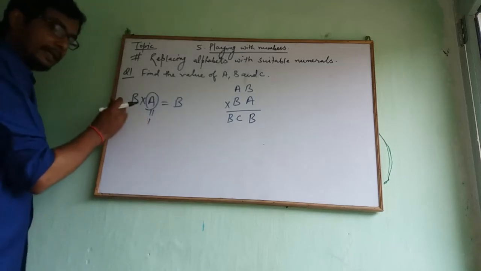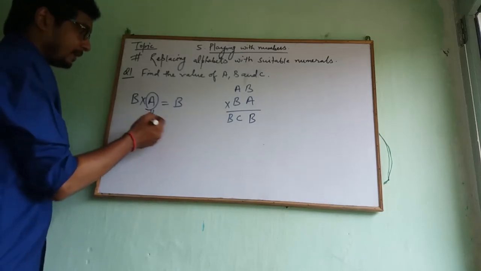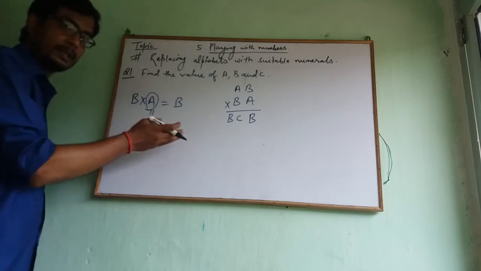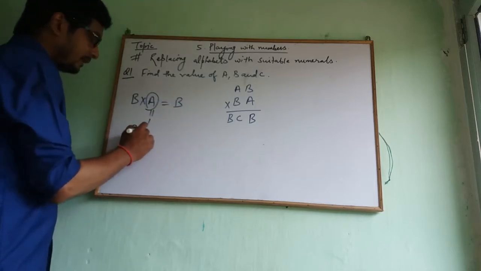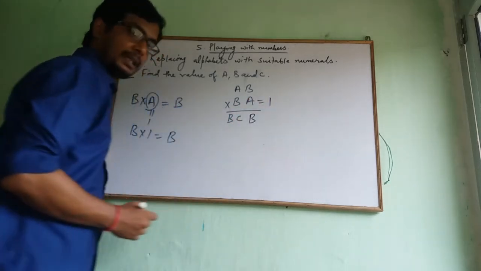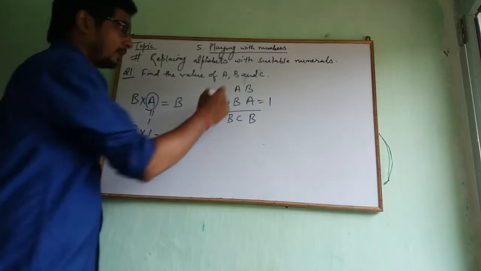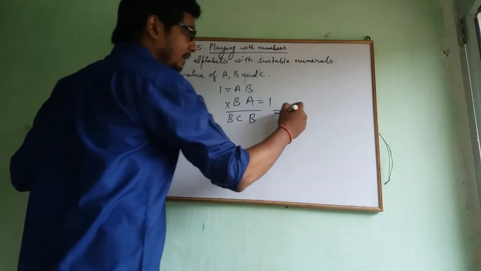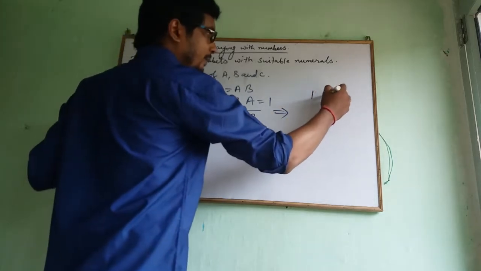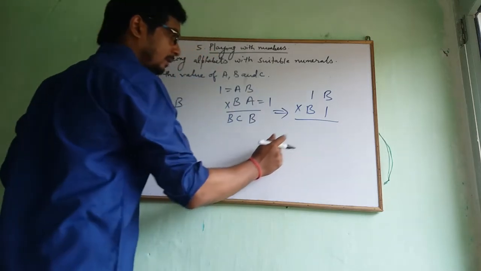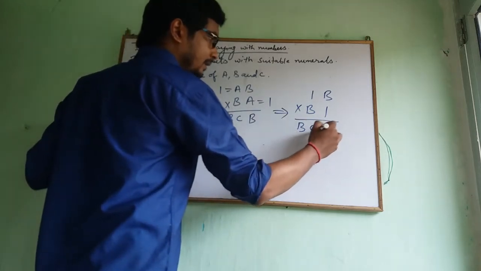Means if any number is multiplied with 1, the product is the number itself. So when B is multiplied with 1, the answer is B. It means that here the value of A is 1. Here also the value of A is 1. So I may write this question as 1 into B. When B is multiplied by 1, then my answer is B, C, B.